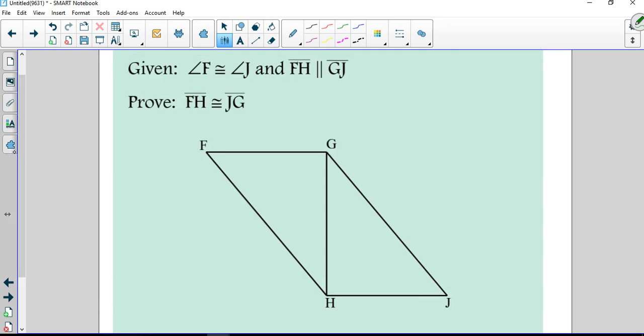Okay, so we know that F is congruent to J. We're told that FH is parallel to GJ. If those are parallel lines, we know we have alternate interior angles here.